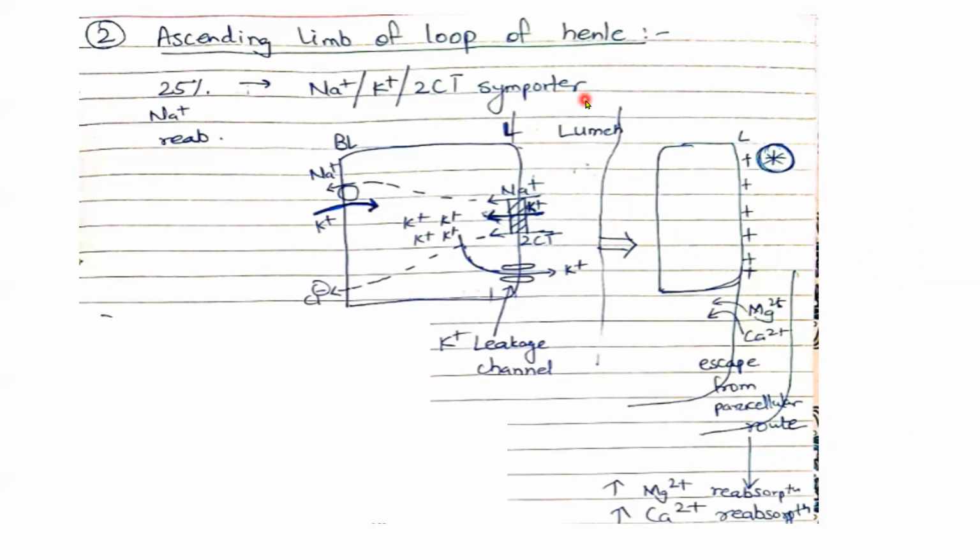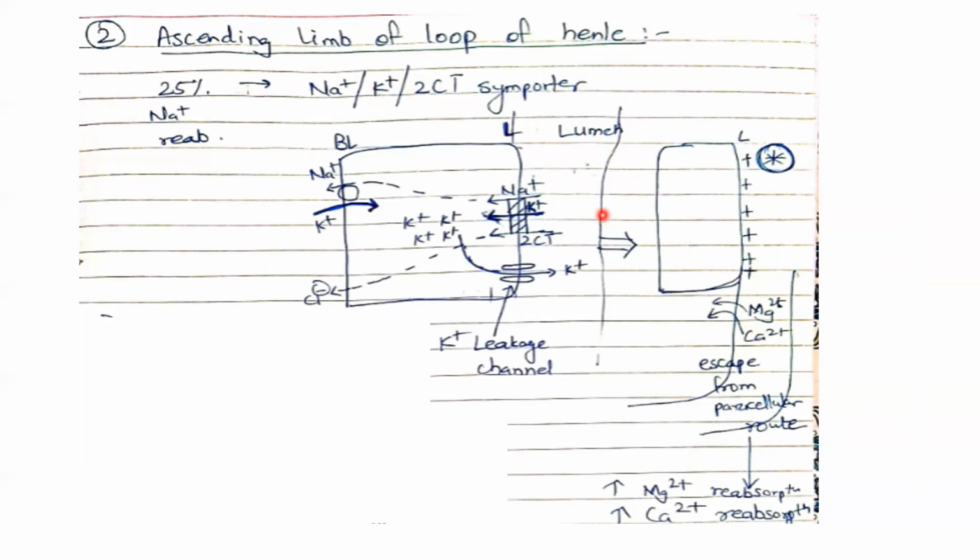All of you have to recall, when I say symporter, there are two types of transporters when they are transporting multiple substances across any membrane. One is antiporter and one is symporter.